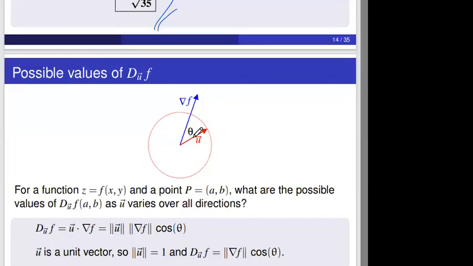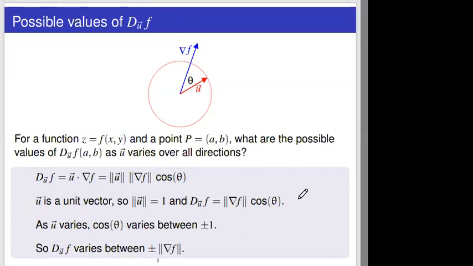You know the max and min values of cos theta: cos varies between -1 and +1.